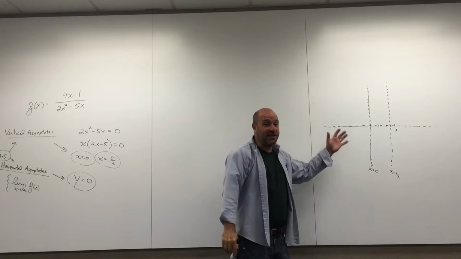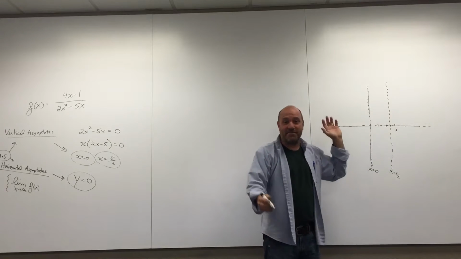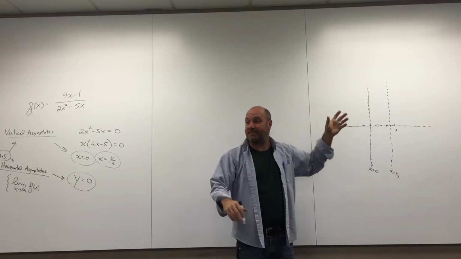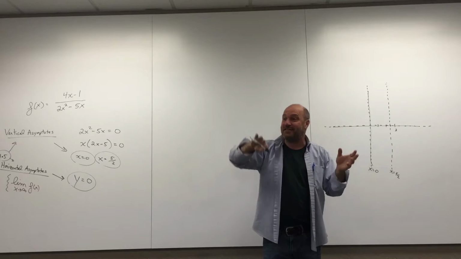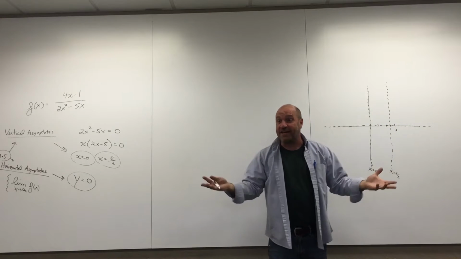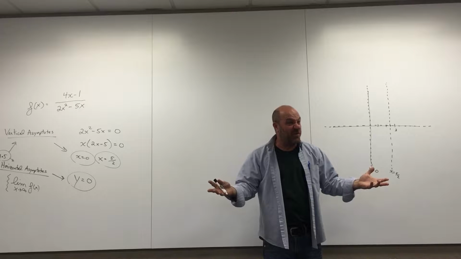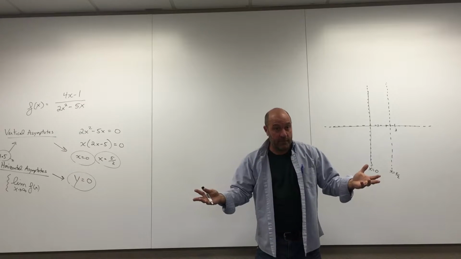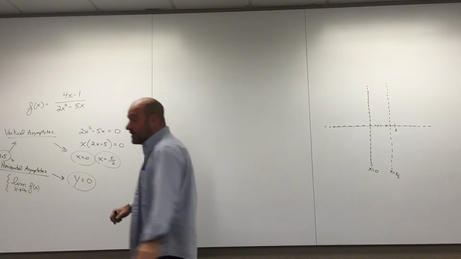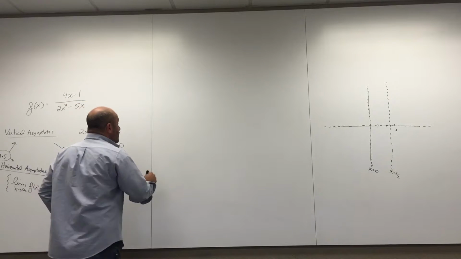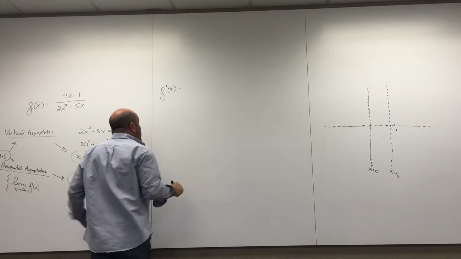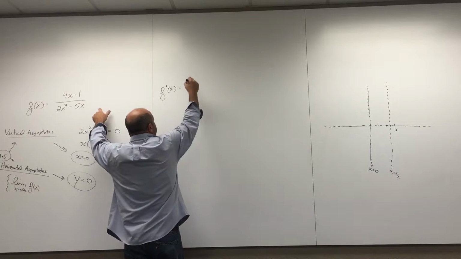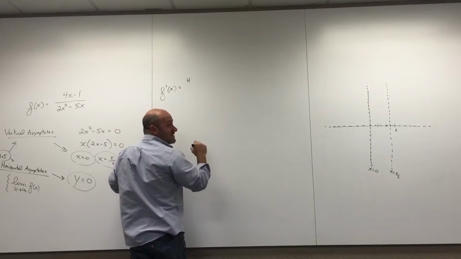And then the graph lives between these areas, and maybe it has mins and maxes, maybe it has certain concavity, maybe it's increasing or decreasing. In order to analyze all that, I think I'll try to do a derivative. But the game just got tougher because it's a quotient rule. Let's try it. The derivative is the quotient rule: the derivative of the top, 4, that's awesome.